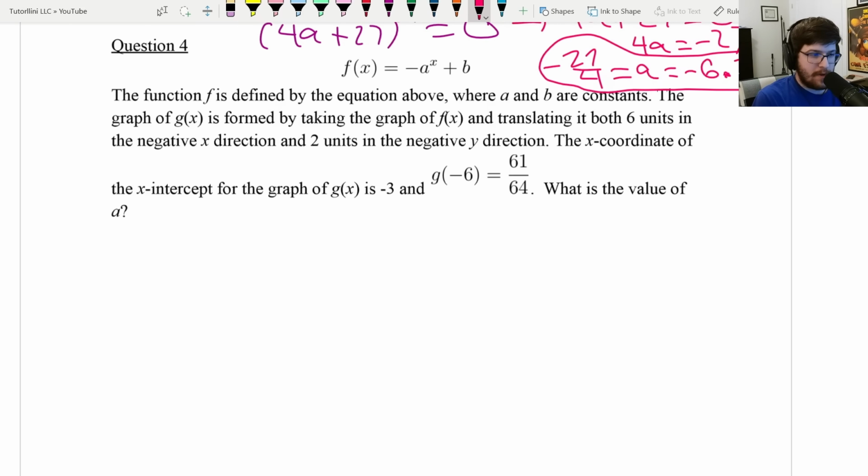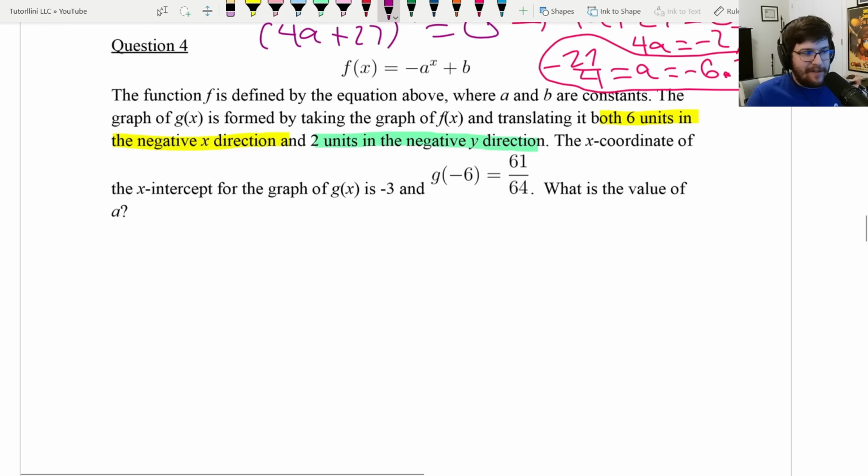Okay, question 4. Sorry about my work from the previous one, just try to ignore that. Hopefully you guys download the PDFs anyway of the worksheet. So let's see here. They give us this equation up here, and then it says we're going to translate f of x 6 units in the negative x direction, so that's left, and then 2 units in the negative y direction, so that's down.